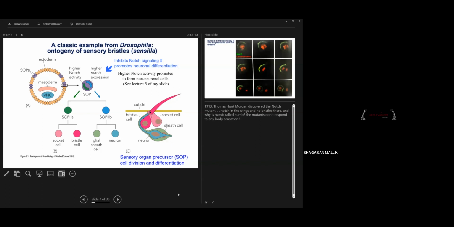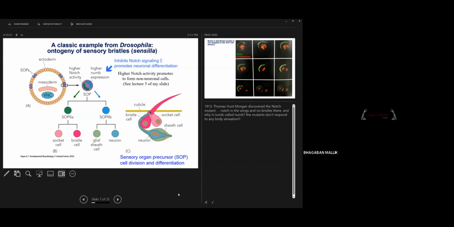So what happens is, the SOP, the sensory organ precursor cells, which are progenitor cells, divide to form two distinct cell types: SOP2A and SOP2B.